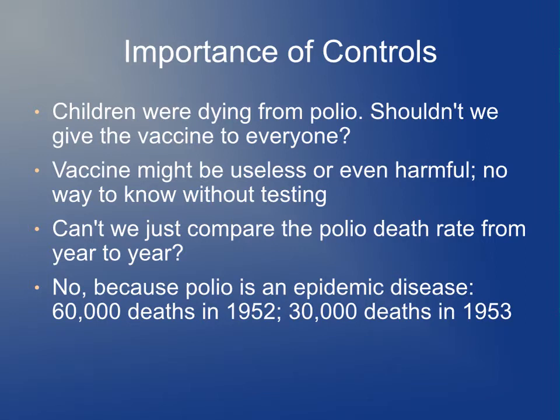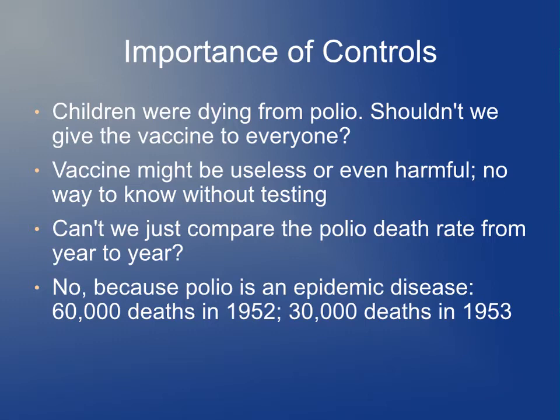Next question is, can't we just compare the polio death rate from year to year? Last year the kids didn't get the vaccine. We'll give the vaccine to everyone this year and see if the death rate goes down. Well, that doesn't work well either because polio is an epidemic disease. In 1952, there were 60,000 deaths. In 1953, there were only 30,000 deaths.